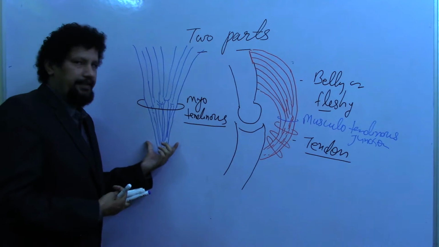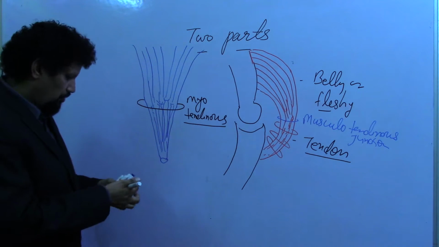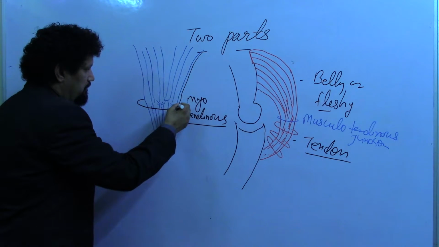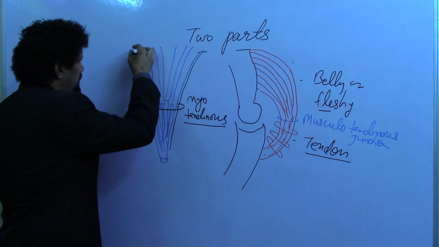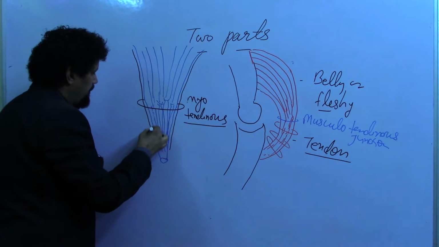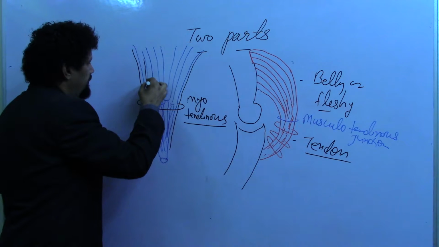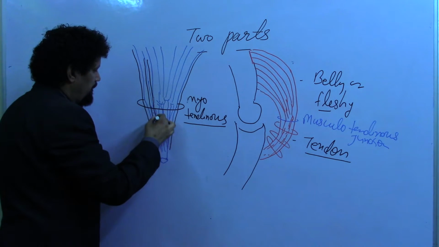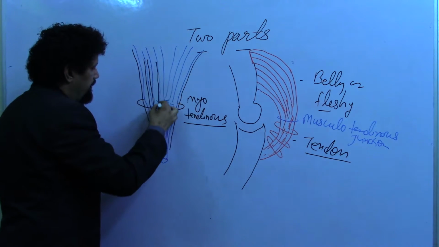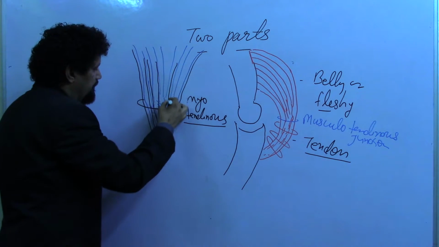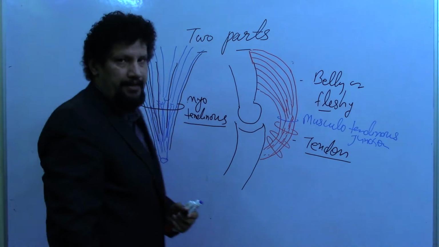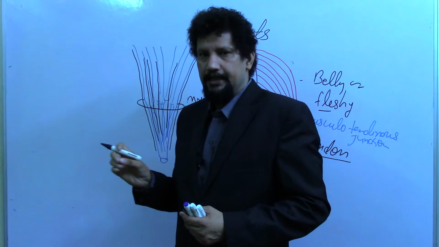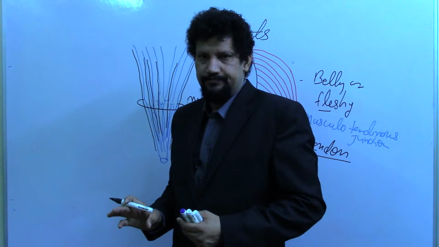So the covering of muscle, that is the epimysium, the covering of the fasciculus, that is the perimysium, and the covering of the muscle fiber, that is endomysium, continue in the tendon with the connective tissue of the tendon.